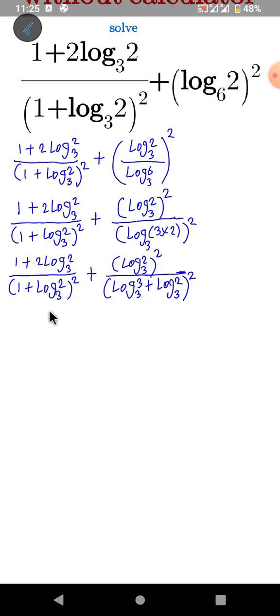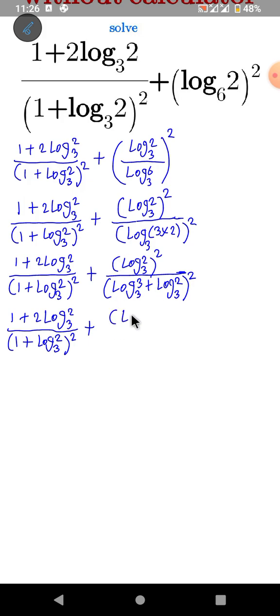Then we'll continue again. All right, 1 plus 2 log 2 base 3 all over open bracket 1 plus log 2 base 3 raised to the power of 2, then plus, write this again, we'll open another bracket at the top.